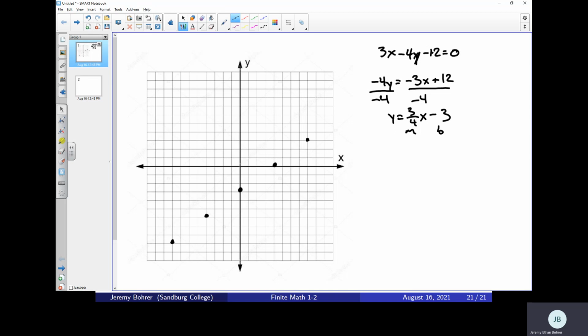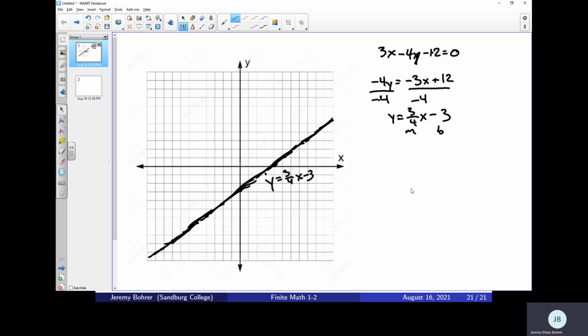Then I'll sketch my line, and it comes up something like this. It's not perfect, but it'll do. This is the line y equals 3/4 x minus 3.